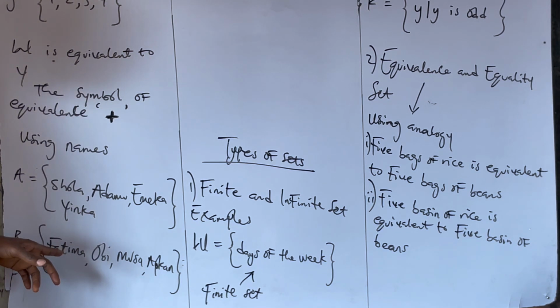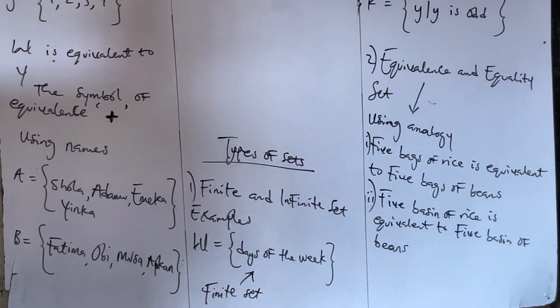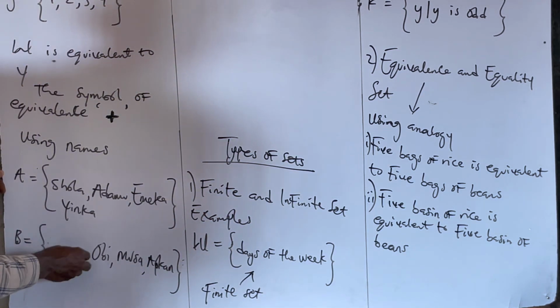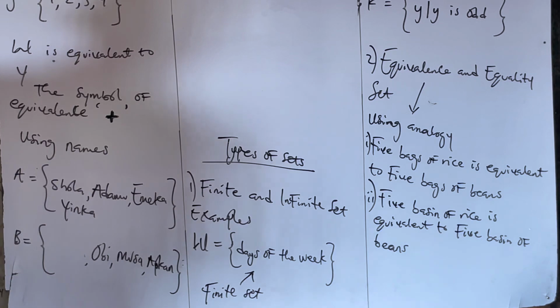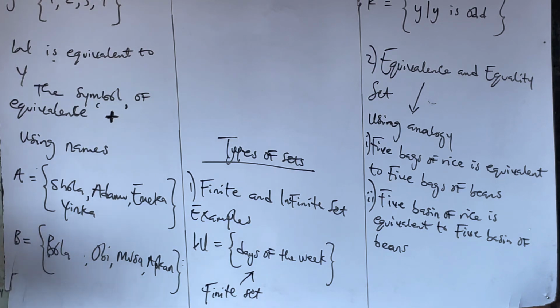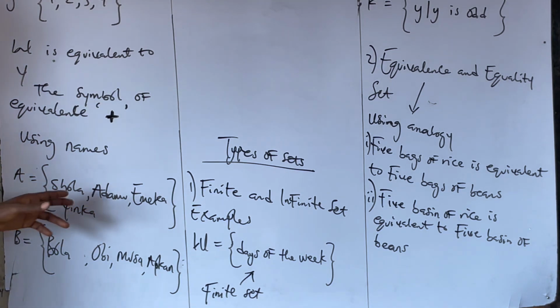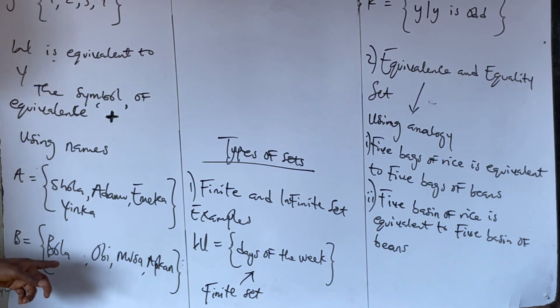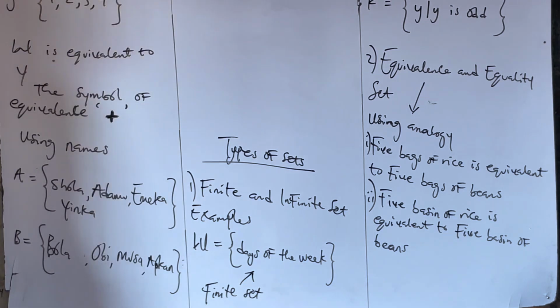Fatima, is that also a name? It can be an English name. I use Shola here. Musa, Akbam. Let me use Bola here to represent that Yoruba. So you can see that a member in A is matched to a member in B. Did you understand?